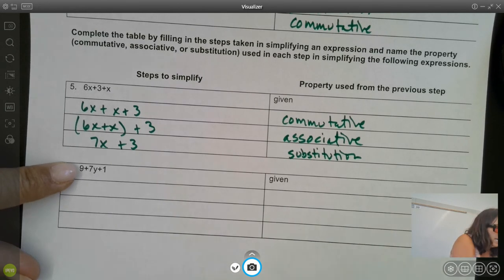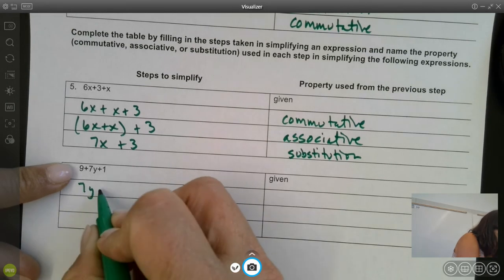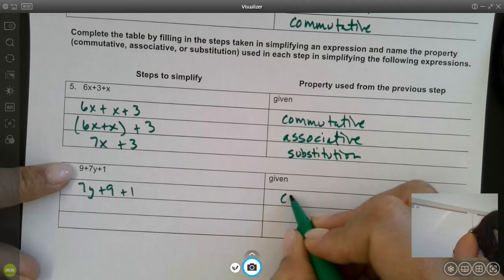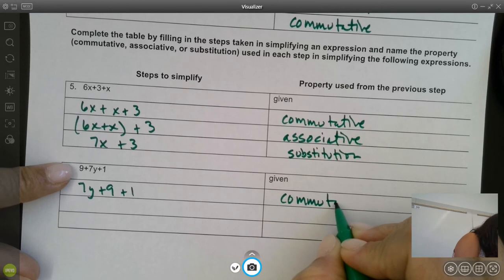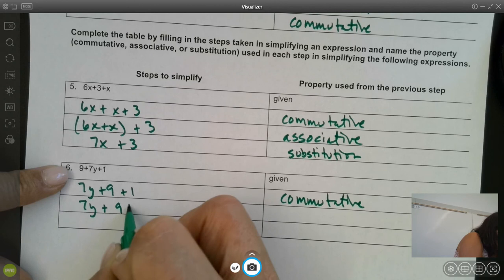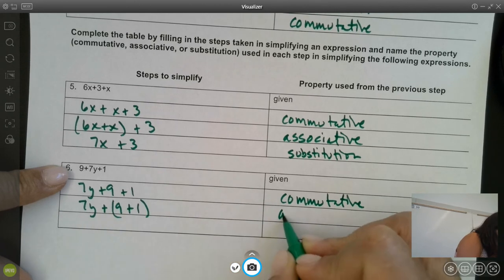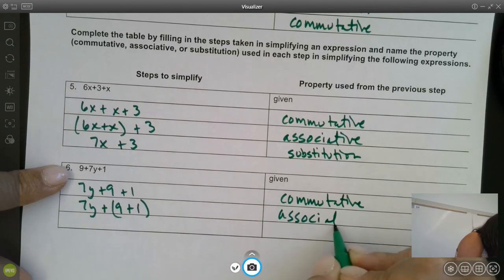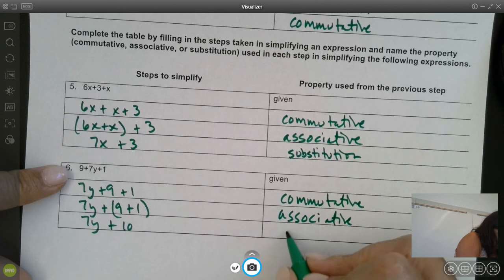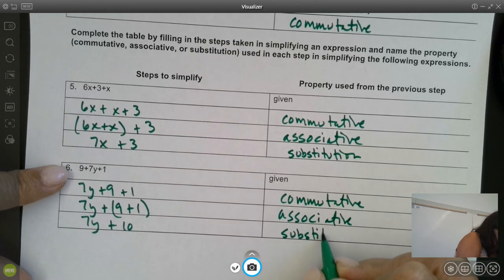Okay, I'm going to commute the 7y and the 9. Okay, and then I'm going to group together the 9 and the 1. And then I'm going to add together the 9 and the 1, and that's called substitution.